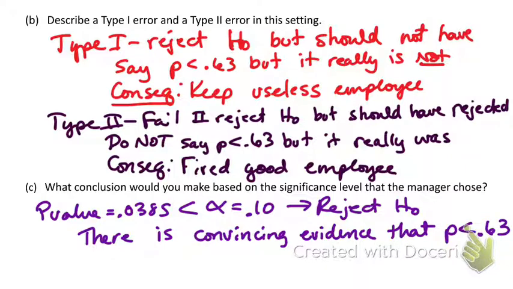We have convincing evidence for our alternative. Now, time out. If we have just rejected the null hypothesis, what error might we have made? We might have made a type 1 error. Since we have rejected the null hypothesis based on our p-value, then we may have made a type 1 error.